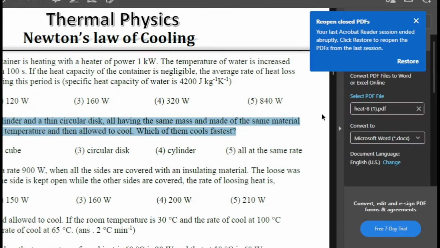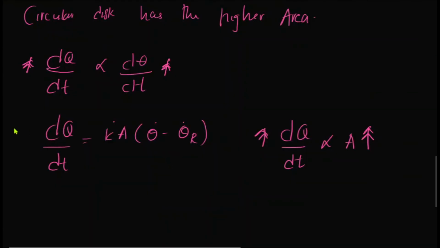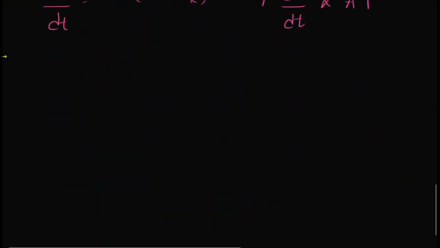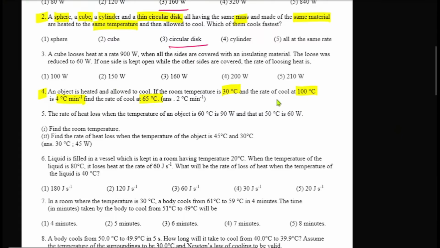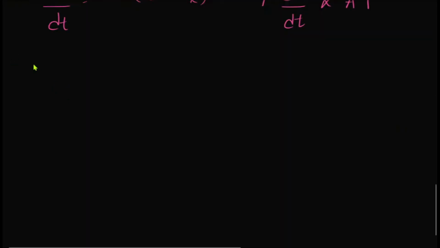What they are saying is, the room temperature θr is 30 degrees Celsius, right?